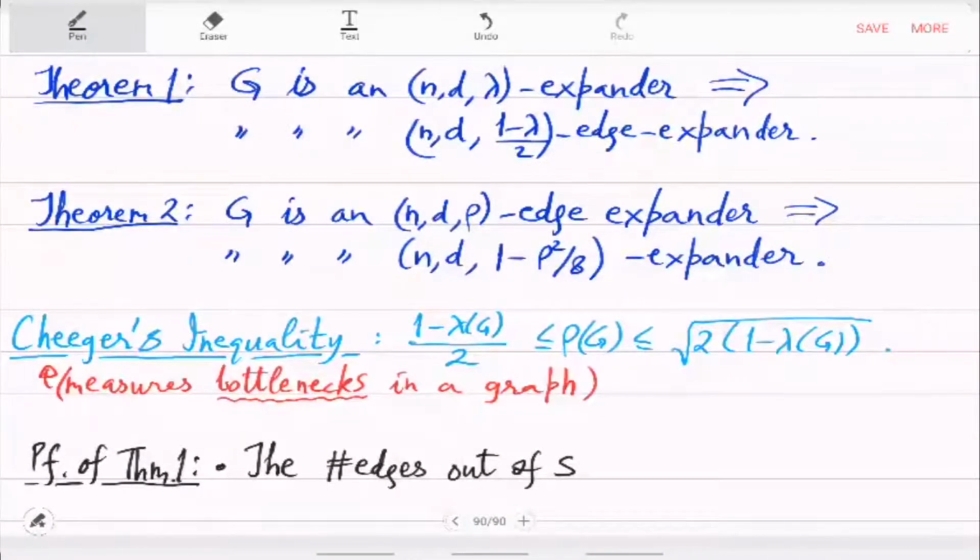It is called the Laplacian quadratic form. It will measure this exact thing.